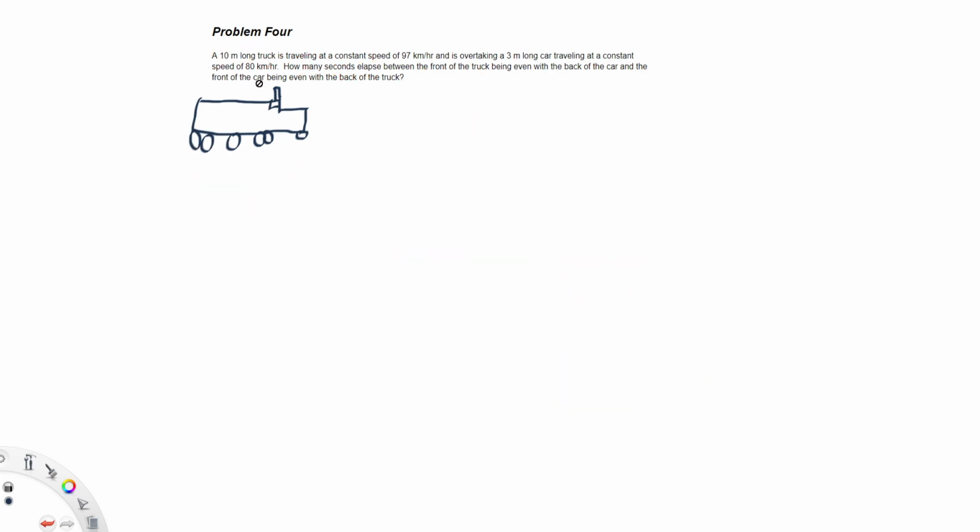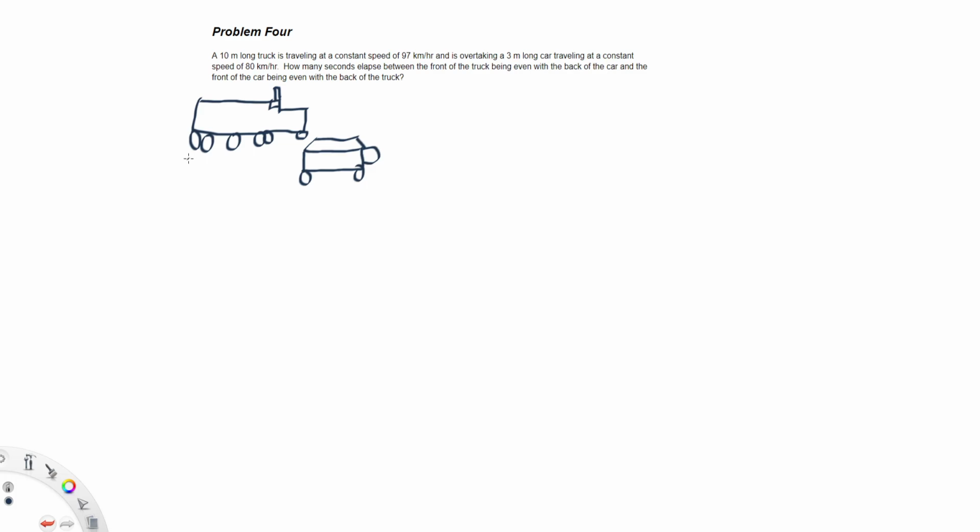Clearly, I don't know how to draw trucks. That's okay. It is drawing even to a car which presumably is not in the same lane as the truck. Otherwise, this would be a collision problem instead of a kinematics problem. And yes, that's exactly what cars look like. Don't at me.